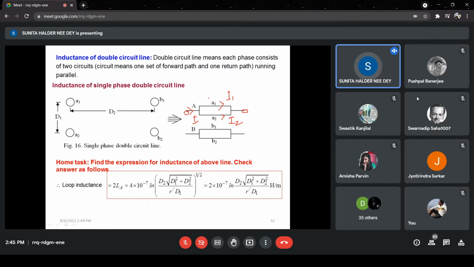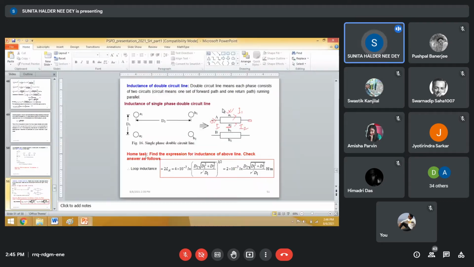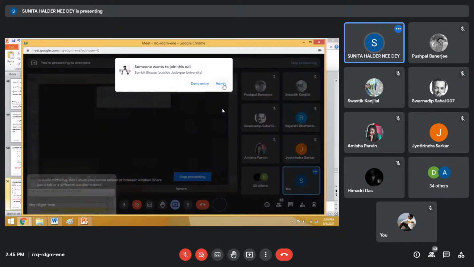Whatever voltage is across the terminals of conductor A1 will be the voltage across the terminals of conductor A2, because they transfer power through the same path, in the same direction, so their potential difference should be the same. So the criteria are that the voltage across them is equal, and the summation of the currents through them equals the total line current or phase current.